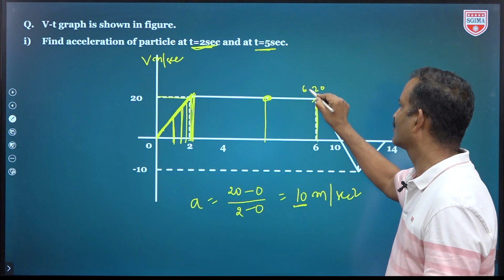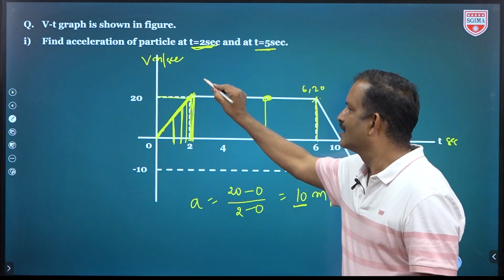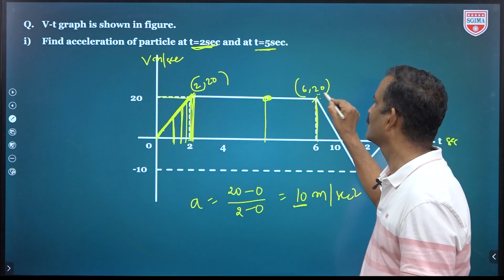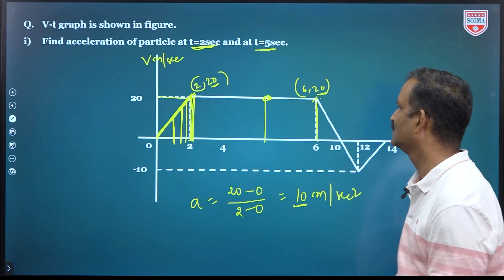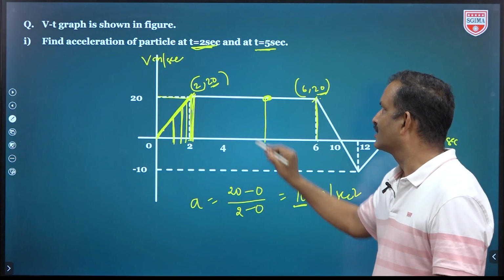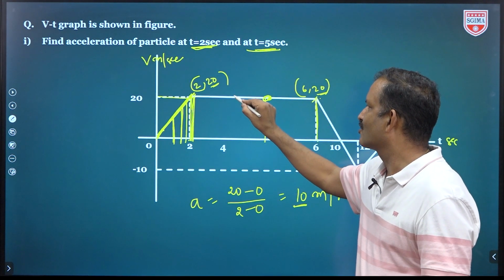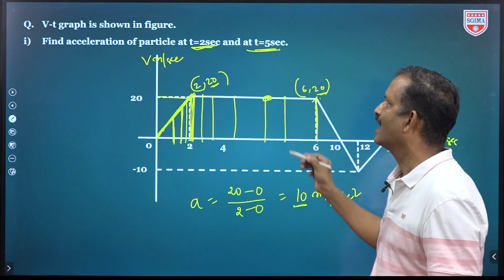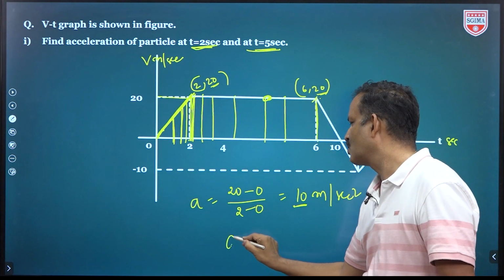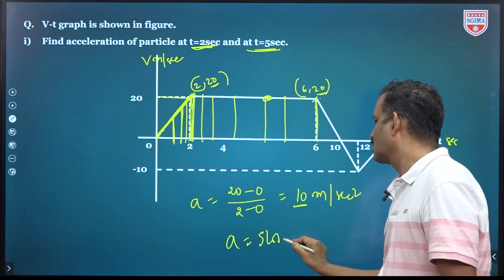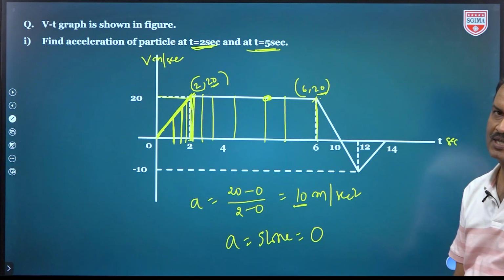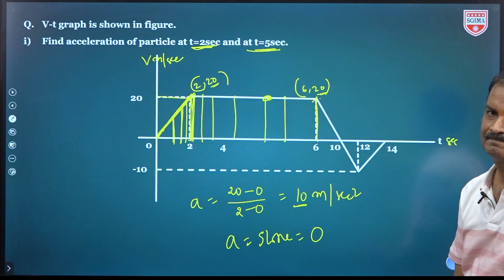Here 6, 20. Here 2, 20. So y2 minus y1 is 0. So, at t equal to 5 seconds, or t equal to 4.5 seconds, t equal to 4 seconds, t equal to 3 seconds, acceleration is equal to slope, which is 0, so acceleration is 0, because the velocity time graph slope is acceleration.